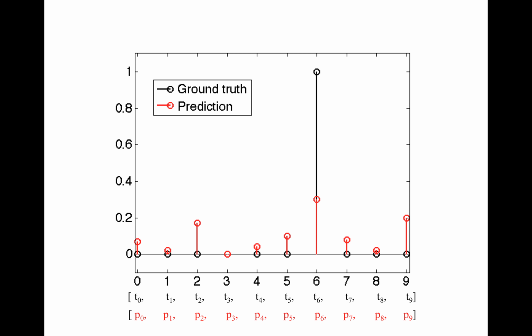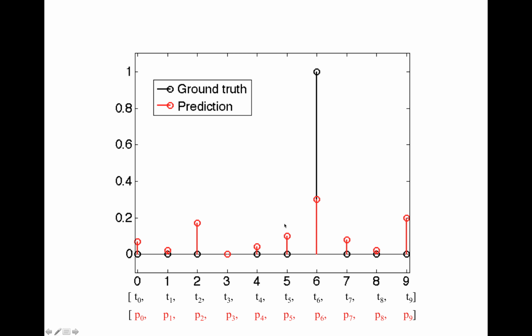With the value of each element indicating the probability of the image of the handwritten digit being the index of that element. So P3 is going to be the probability that the handwritten image is the number 3, right? And then P6 is going to be the probability that this input image is actually a handwritten 6, right?